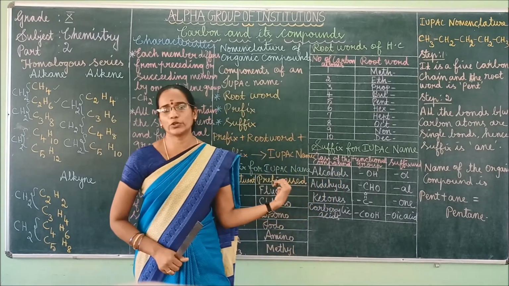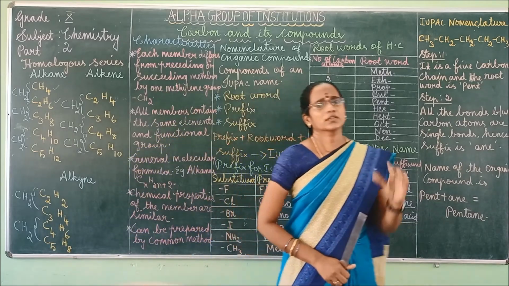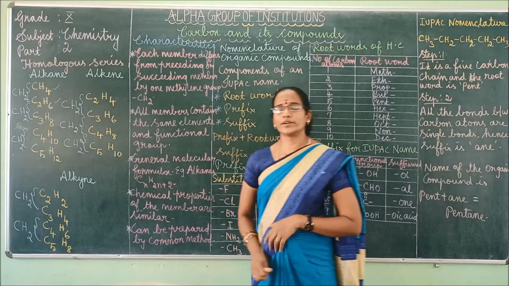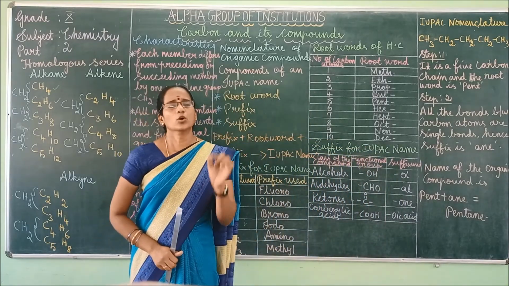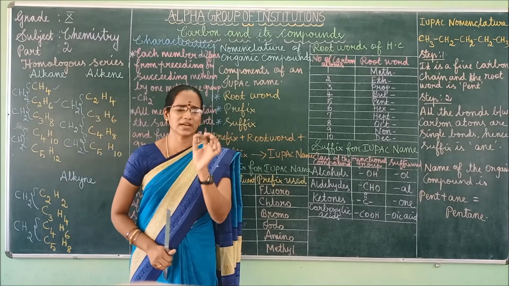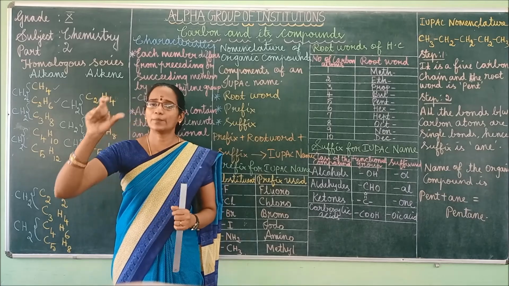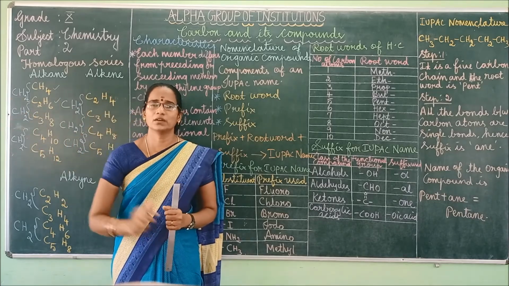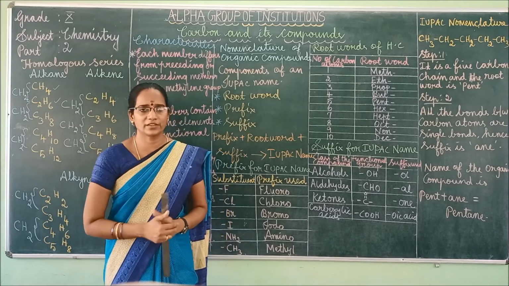Suffix, just now I told you. Next, identify the double bond or triple bond, give the locant number for this, and then put one hyphen, that is, one dash, and the primary suffix has to be written.